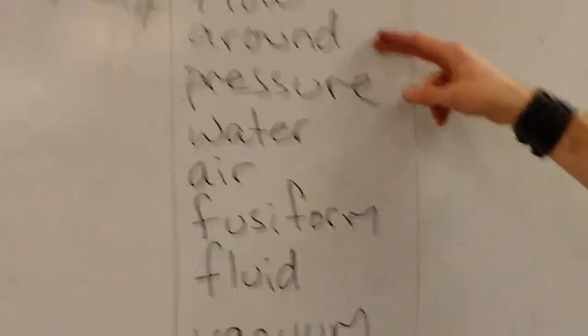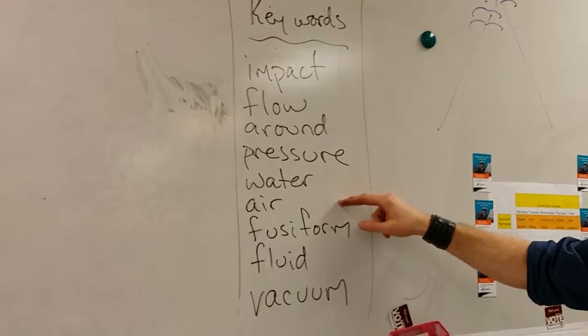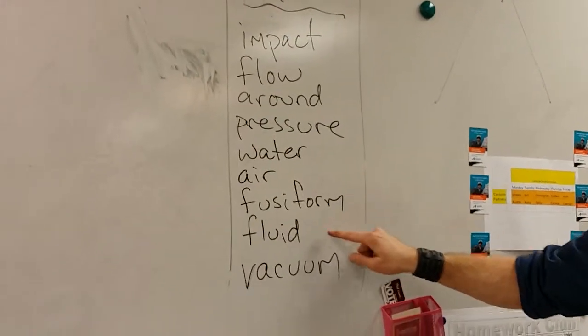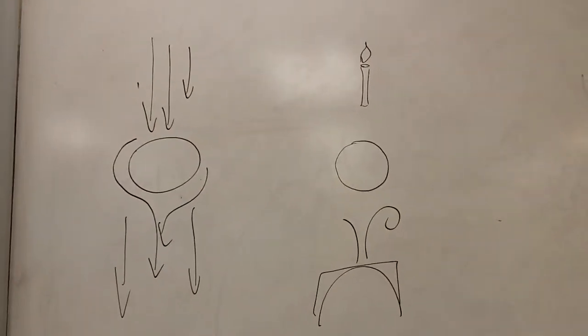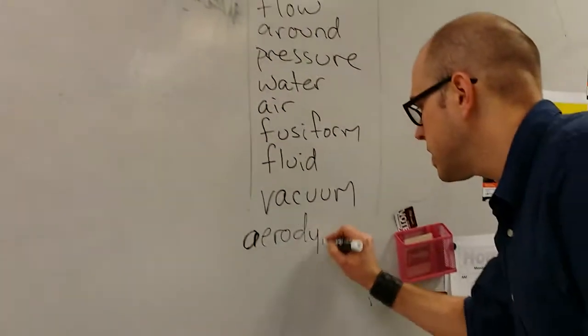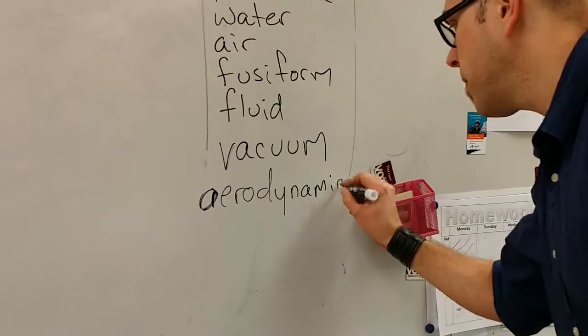We decided a few key words that might help us in explaining this are impact, flow, around, pressure, water, air, fusiform, fluid, and vacuum. And I might even say aerodynamic might help as well. And here's some diagrams.